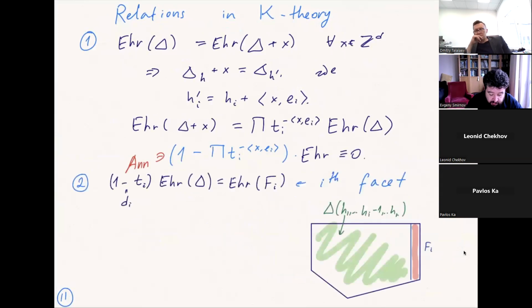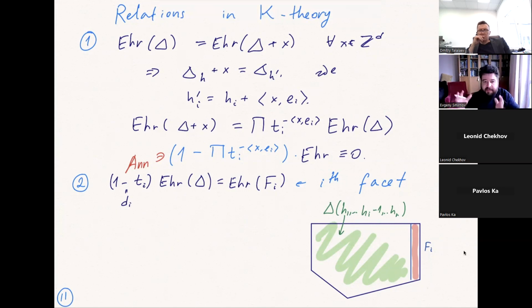So there are two classes of relations. Namely, what can I do to a polytope to preserve the number of points? Well, I can shift the whole thing by some integer vector.